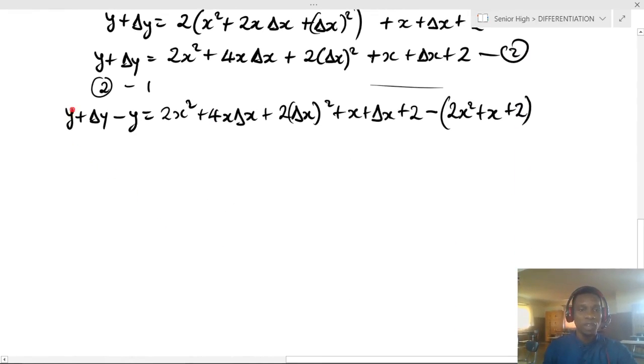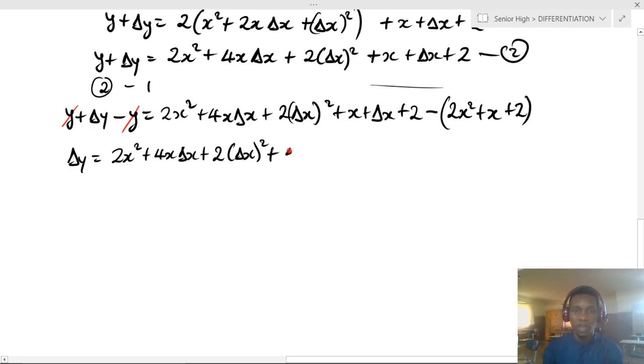So we have y minus y. We know that it cancels out. So here will be just delta y is equal to what? We have 2x squared. Now, let's open this bracket here, and then we have 2x squared plus 4x delta x plus 2 delta x squared plus x plus delta x plus 2 minus 2x squared minus x minus 2.